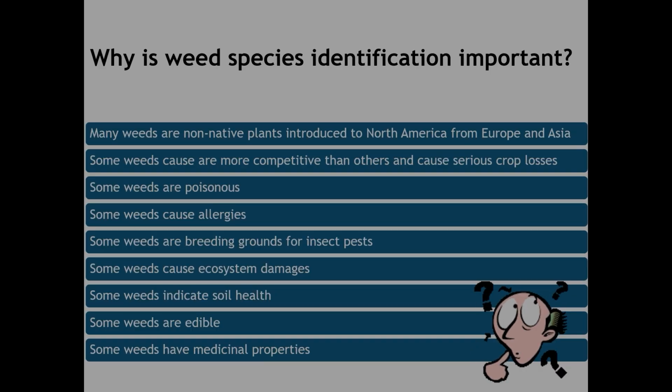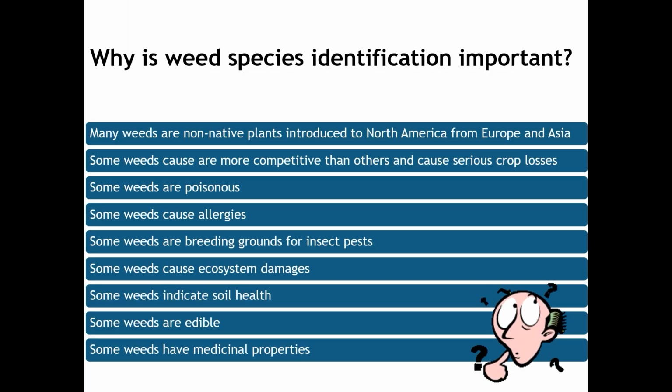So why is weed species identification important? Now, there are many weeds that are non-native plants that have been introduced to North America from Europe and Asia. Some weeds cause more problems than others, and some cause crop losses.